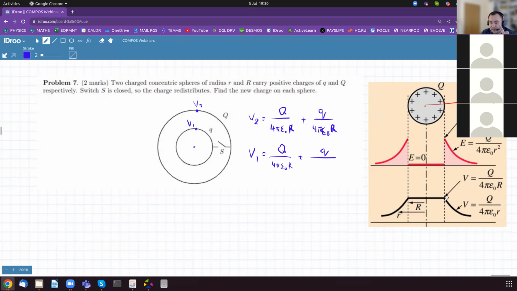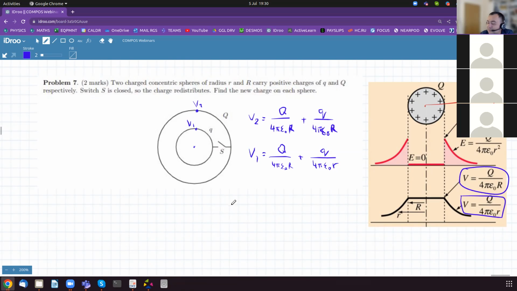Because inside the sphere, the potential is always the same, it's constant. But outside the sphere, it obeys this law. So the potential of the outside sphere is the same inside the sphere.